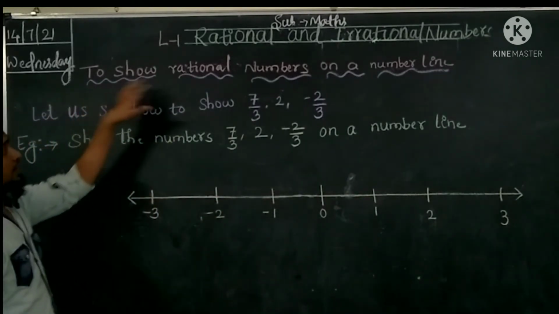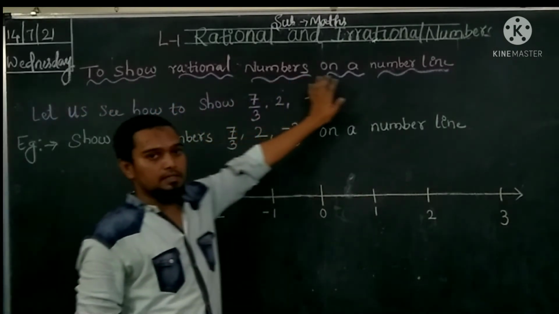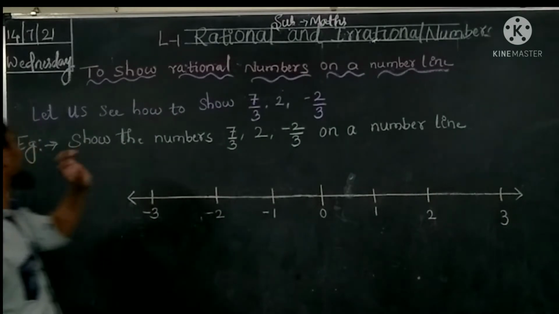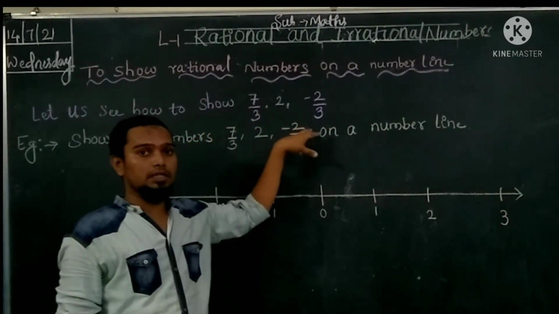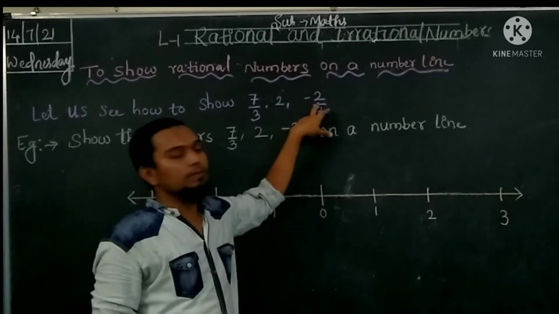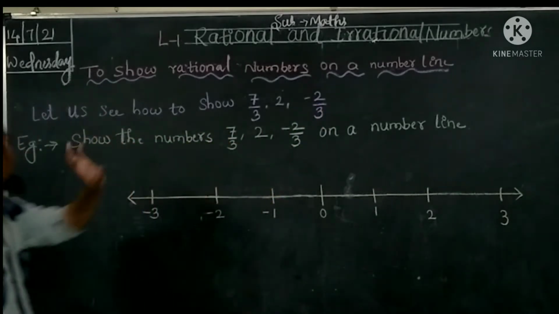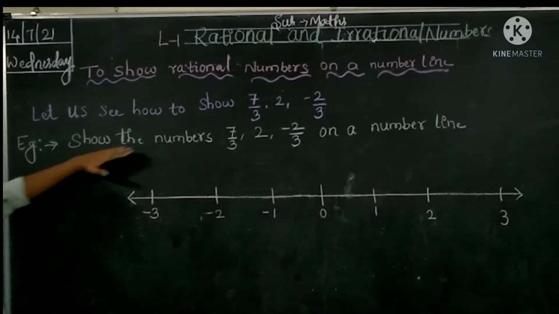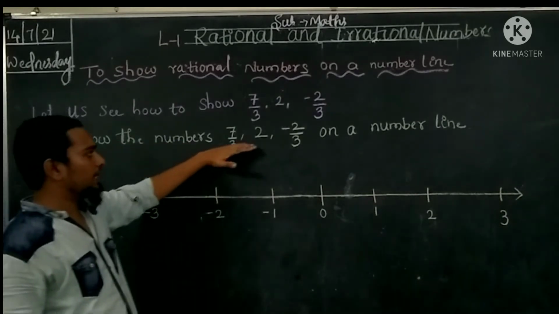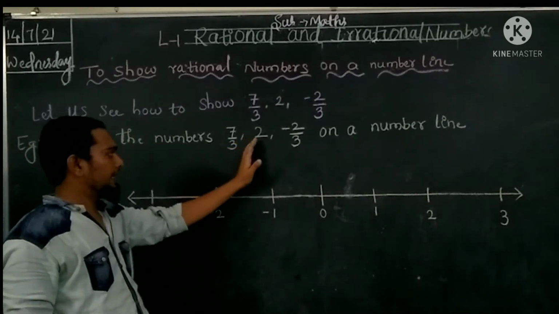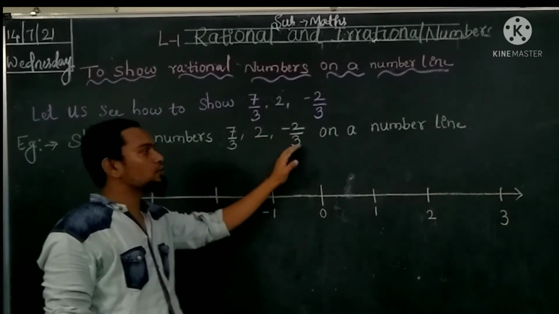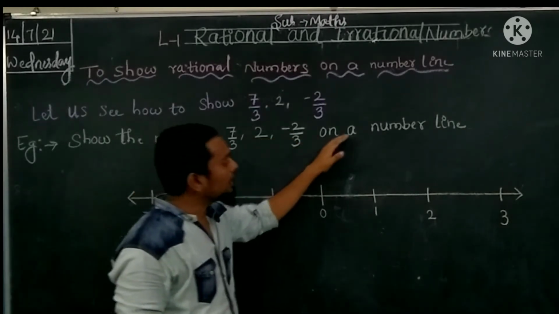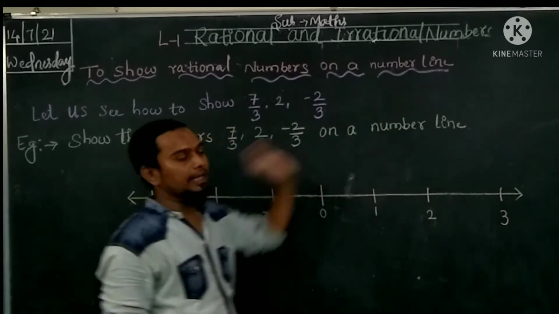To show rational numbers on a number line, let us see how to show 7 upon 3 and minus 2 upon 3. Example: show the numbers 7 upon 3 and minus 2 upon 3 on a number line.